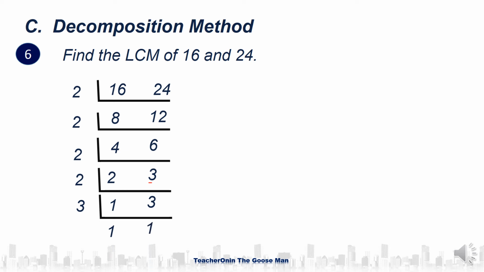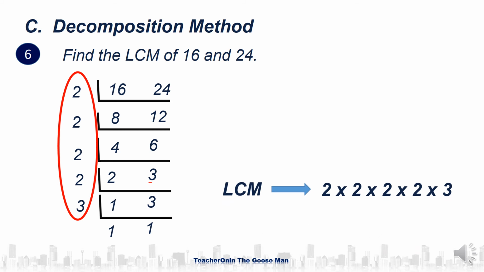Since the final quotients are 1, the factors of the LCM are 2 times 2 times 2 times 2 times 3. So the product is equal to 48, which is the LCM.